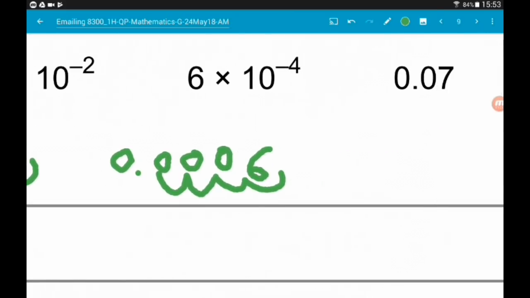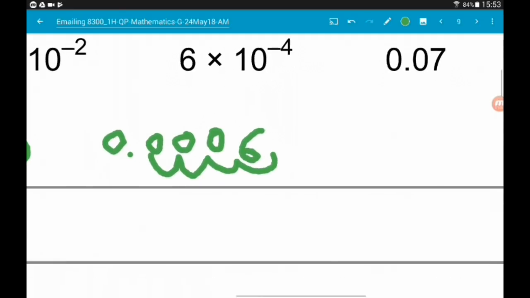And then 0.07 is just 0.07. Okay, so now everything is in the same form.